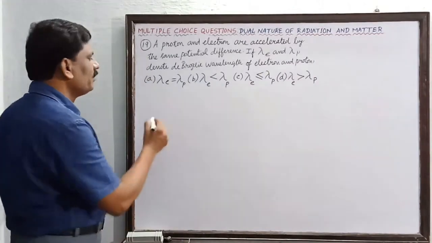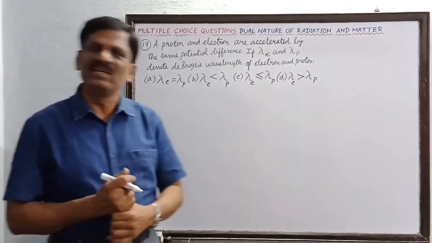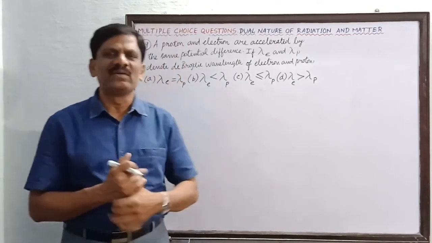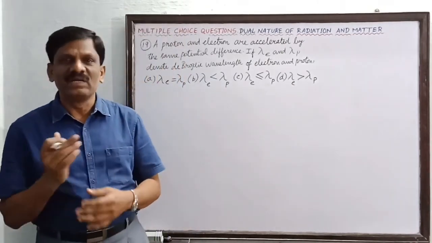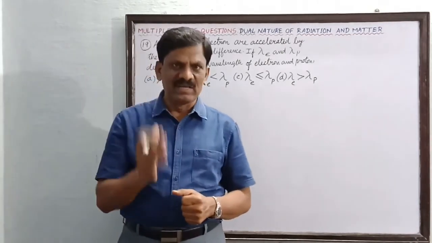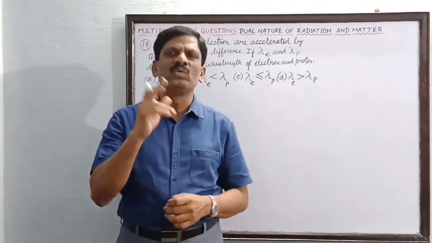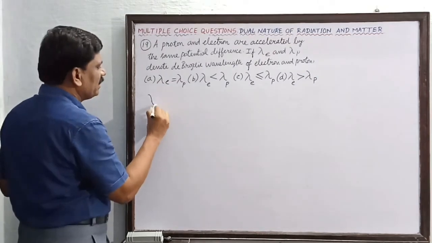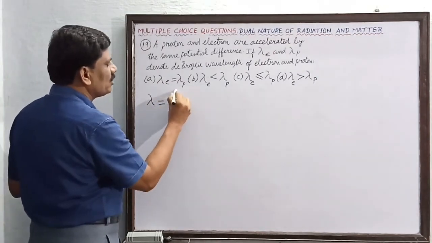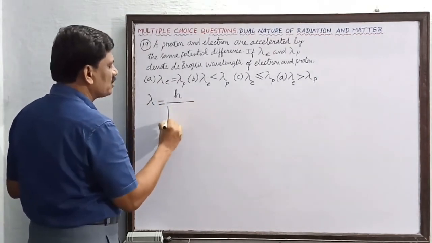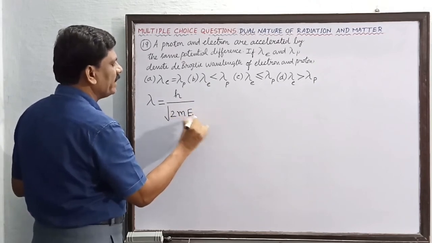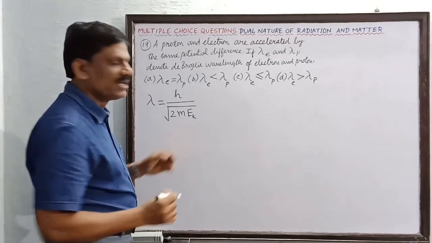Now first of all, de Broglie wavelength can be expressed in many ways. Lambda is equal to h by p, lambda is equal to h by mv, lambda is equal to h divided by square root of 2m into E kinetic. I am going to write that. This is one of the equations.